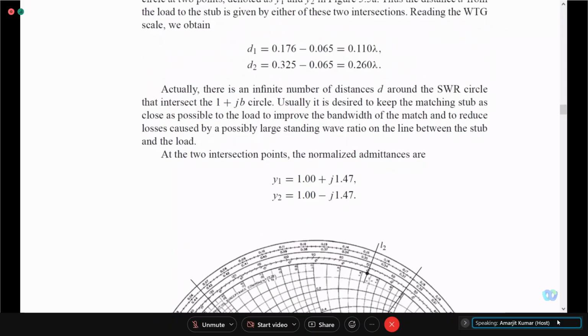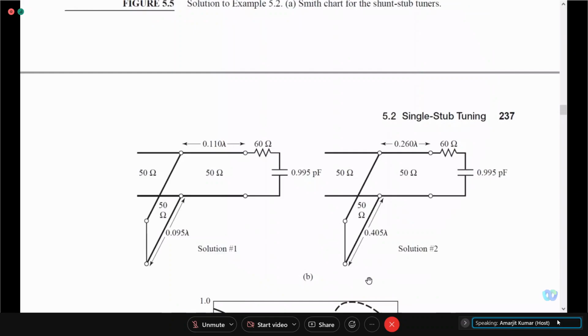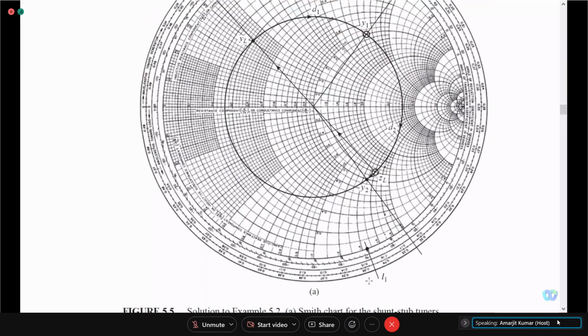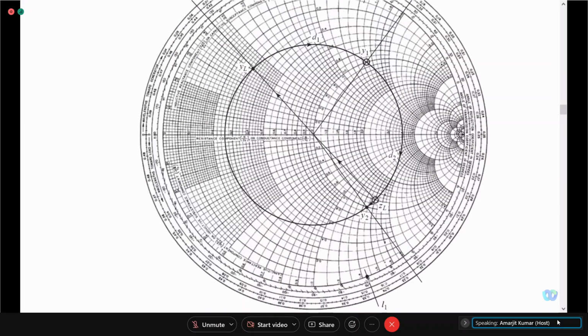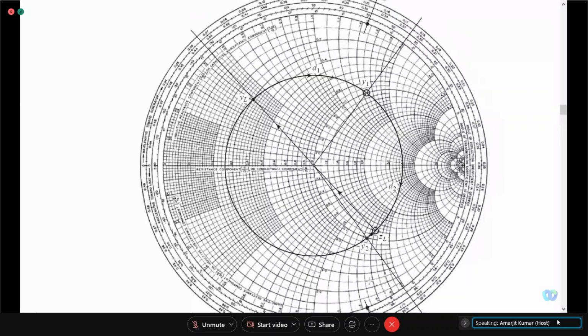So Y1 and Y2 you know. So if you know Y1 and Y2, how to calculate the length L1 and L2? Y1 is equal to 1 plus J 1.45 or 1.47 as per this. As per the year value 1.47.